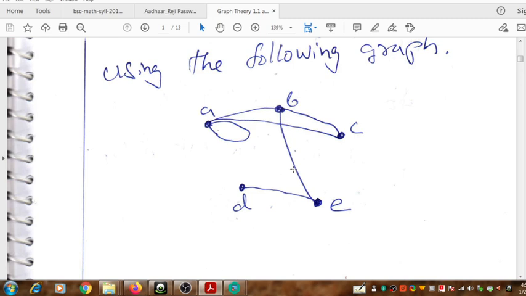Okay, and in this graph, there are 5 vertices marked, or 5 points marked. Connecting some of the pairs of these vertices, some edges are included. Edges or lines are drawn. This way we obtain this figure, and this kind of figures are in general called graphs in graph theory.